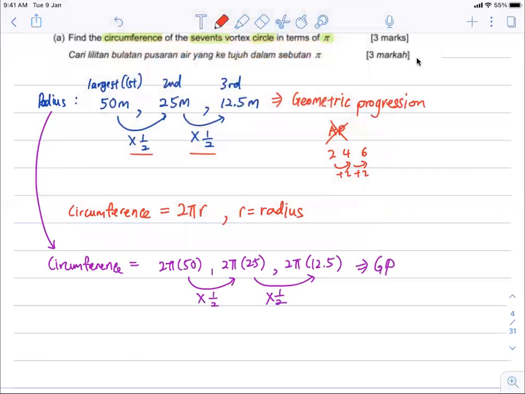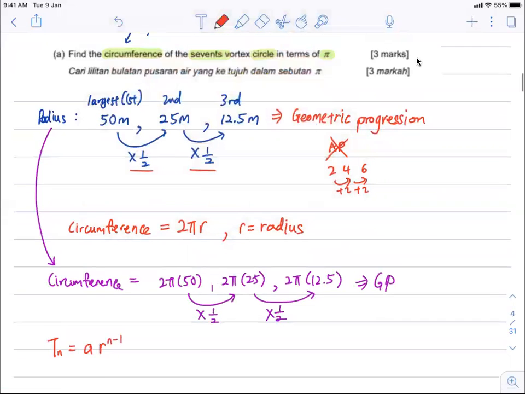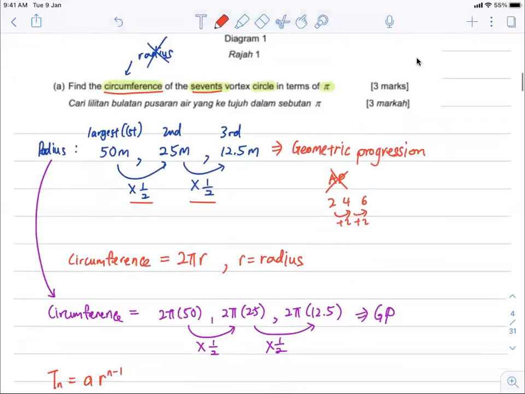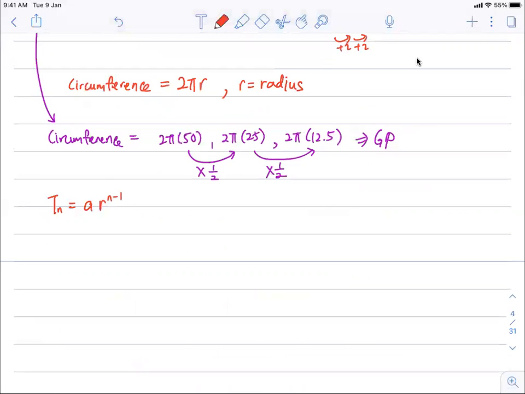And since it follows the geometric progression, we can use this formula for GP, which is Tn equal to A R power of n minus 1. So for this question, it wants us to find the 7th circumference. So in other words, it wants us to find T7.